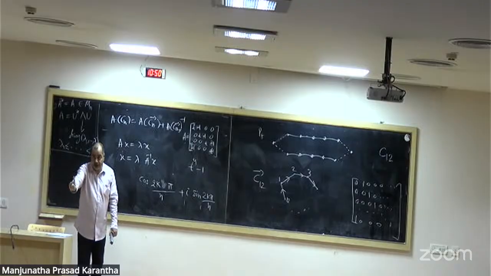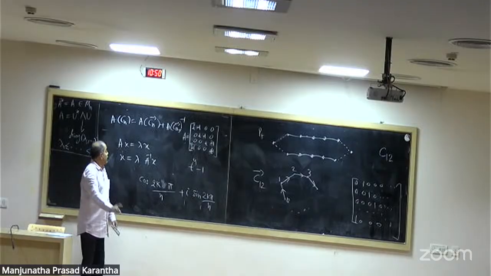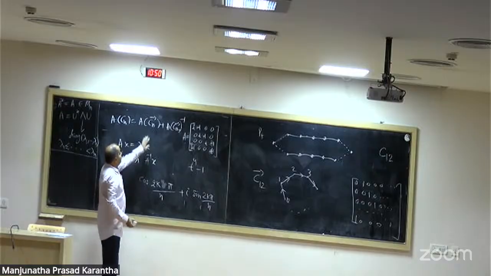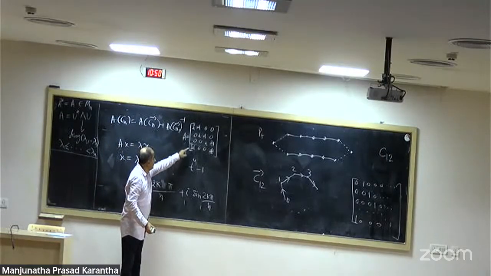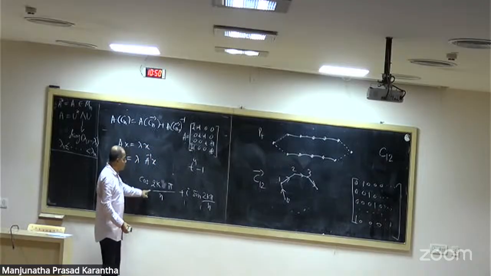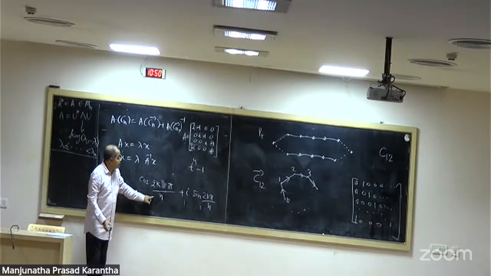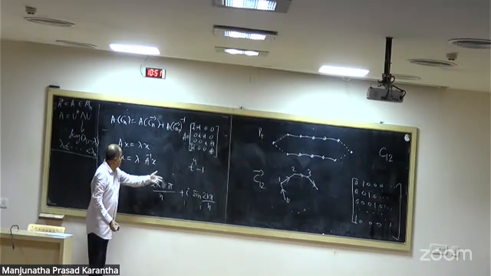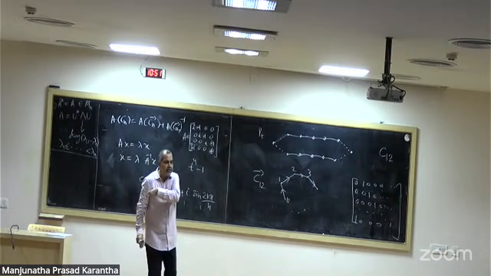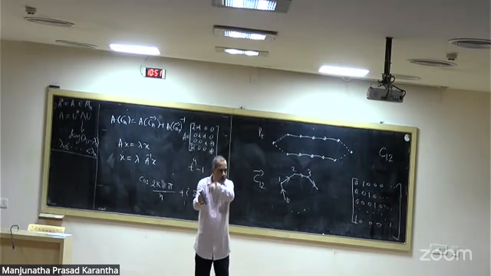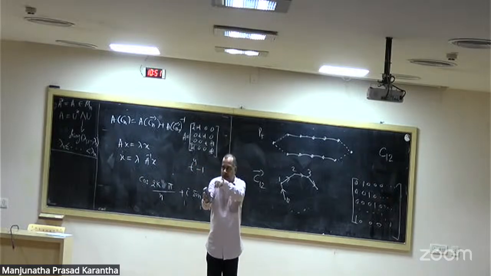The same eigenvector. And therefore, how many distinct eigenvalues did I have? For example, for this, 4, for n, I had n distinct eigenvalues. They are all distinct, no? The nth roots of unity are all distinct.